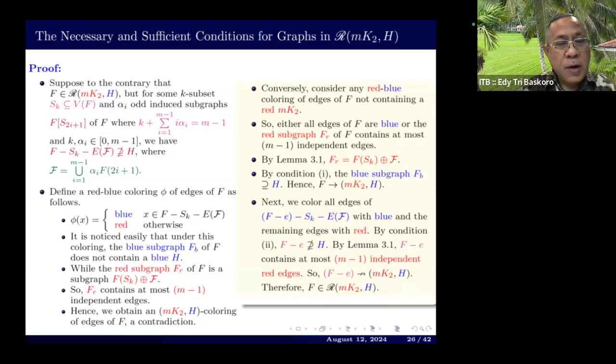Even though we already derived the necessary and sufficient conditions, finding all Ramsey minimal graphs of MK2, H is still a difficult problem. But if we fix graph H, then the situation might be different.